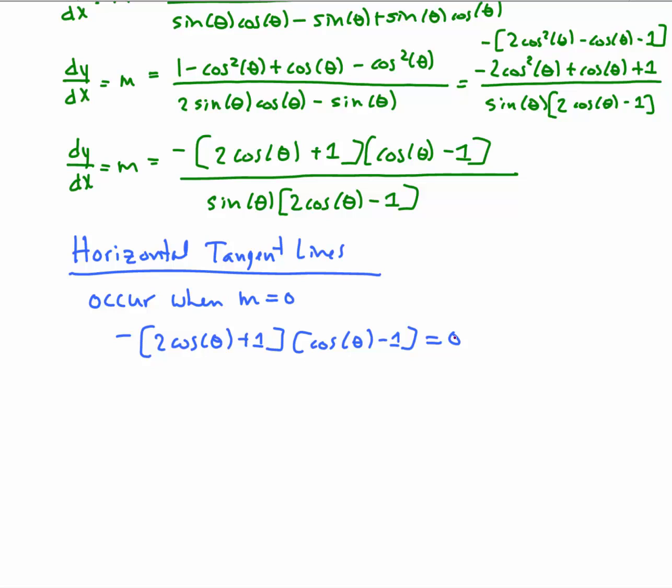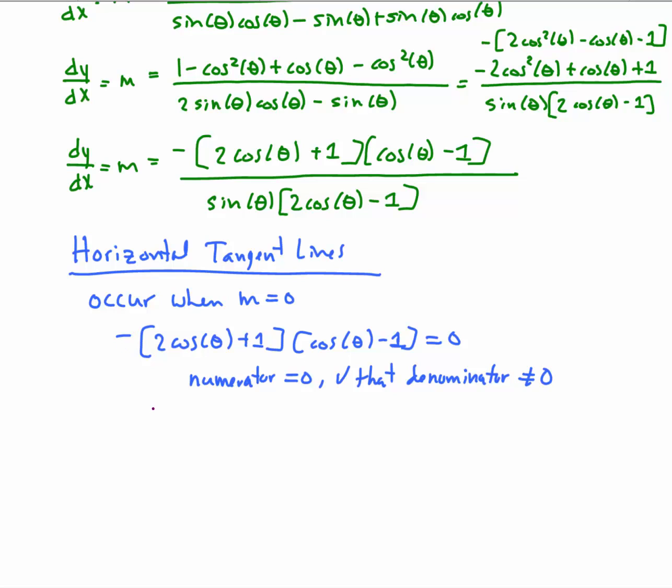But I have to double check and make sure the denominator doesn't equal 0, because if the denominator equals 0, I'd have 0 over 0, which is kind of a whole other problem. So the numerator equals 0, then check that the denominator doesn't equal 0 at any of these points that I find.